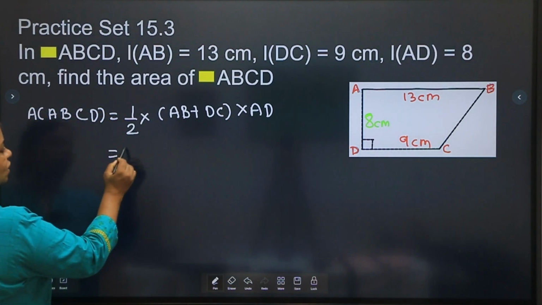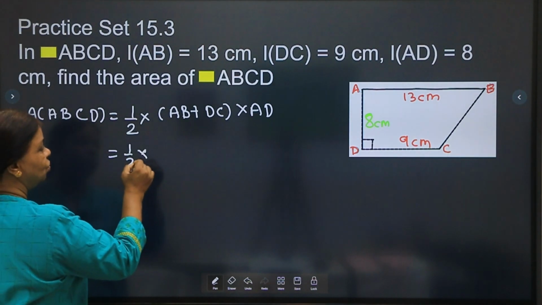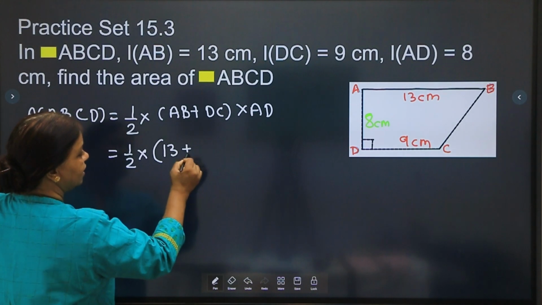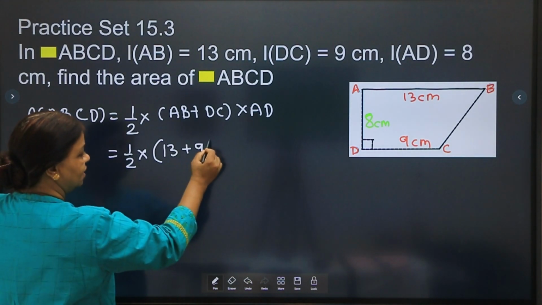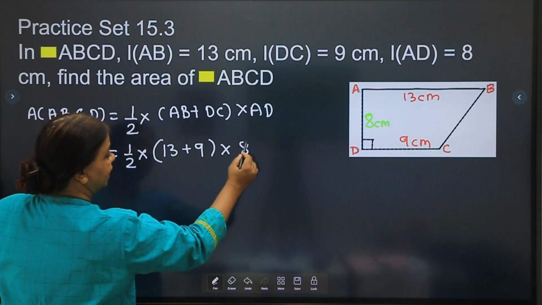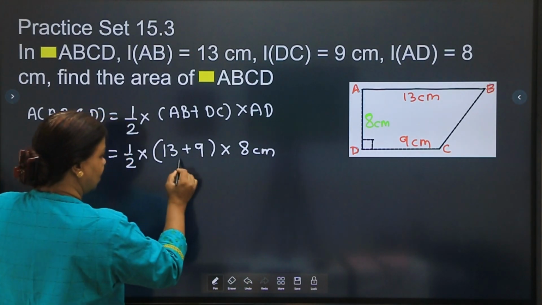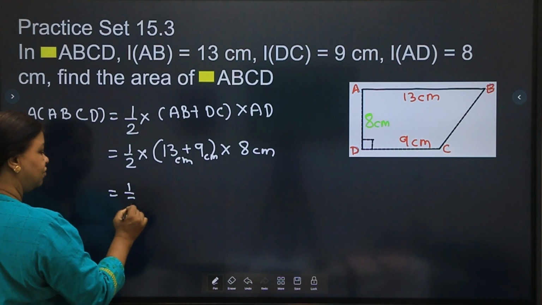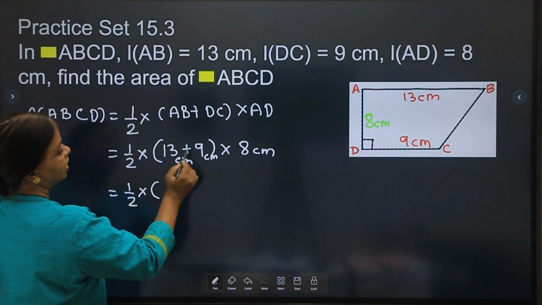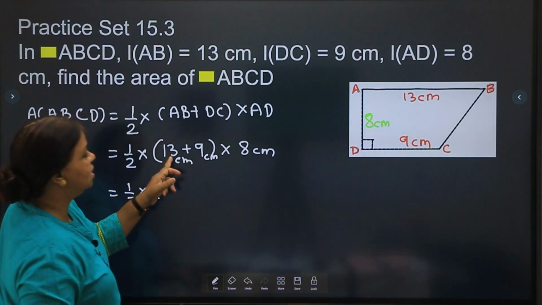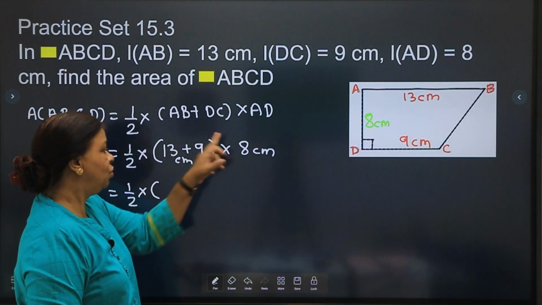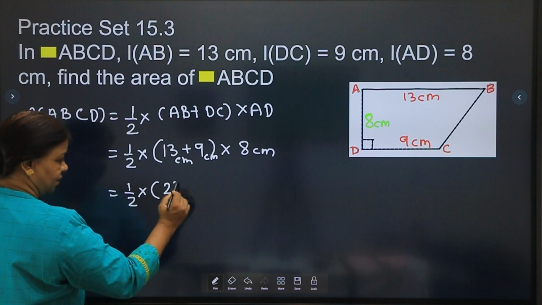Let us place the values. Half into AB is how much? 13. DC is how much? 9. Into AD is 8 centimeter, children. This is centimeter, this is also centimeter. So, half into 13 and 9, how much? 13 and 9 would be 22 centimeter.